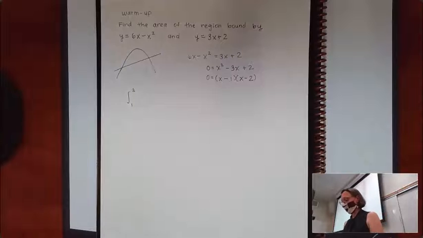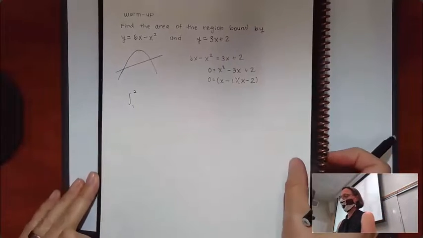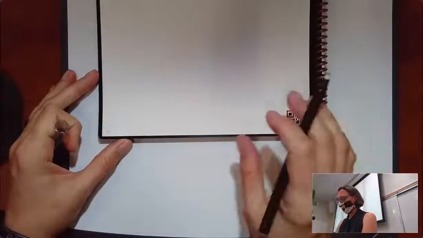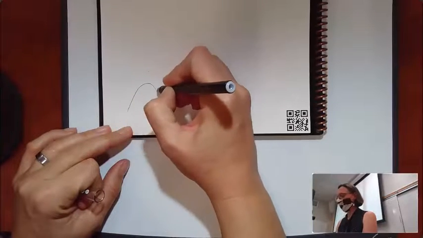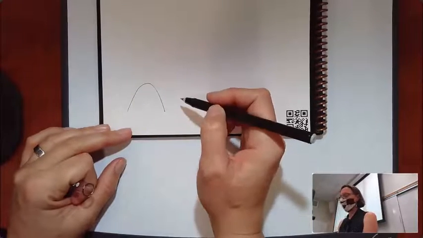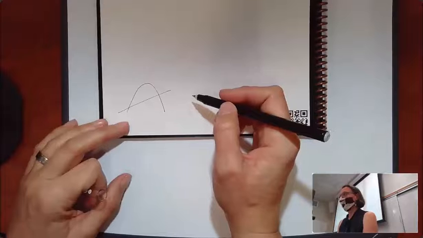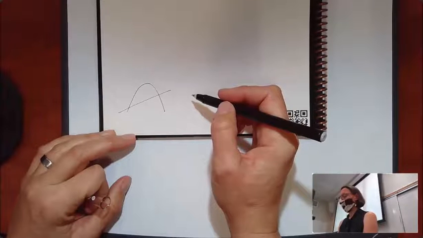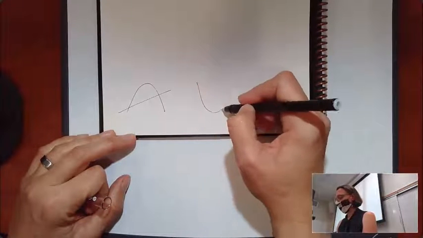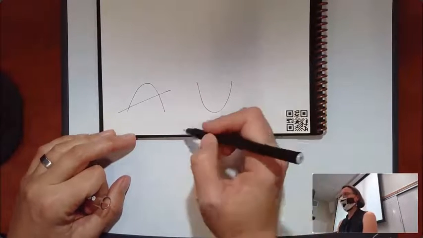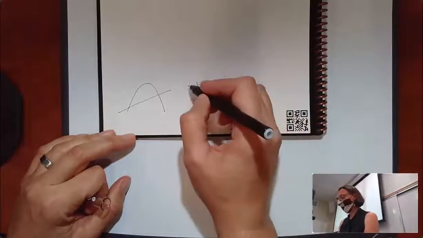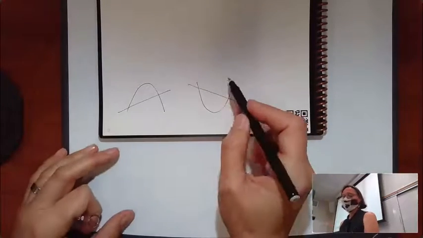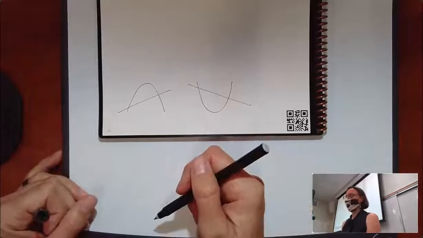So if I know that the parabola is concave down, then no matter where I put the line, the parabola is on top. And if I know that the parabola is concave up, then no matter where I put the line, whether the slope is negative or the slope is positive, doesn't matter, the line's always going to be on top.